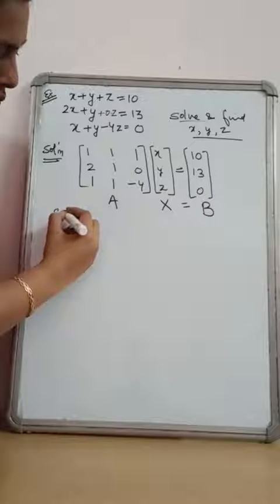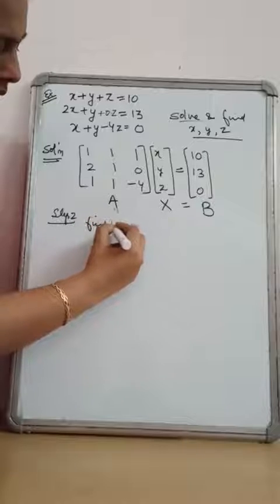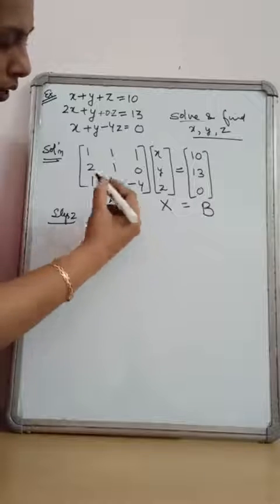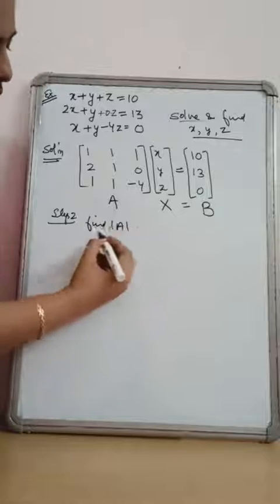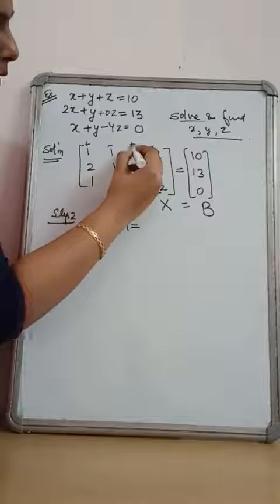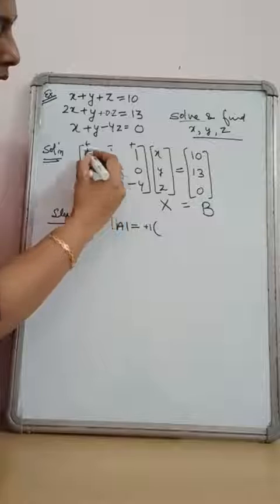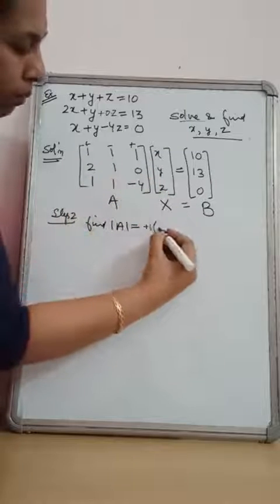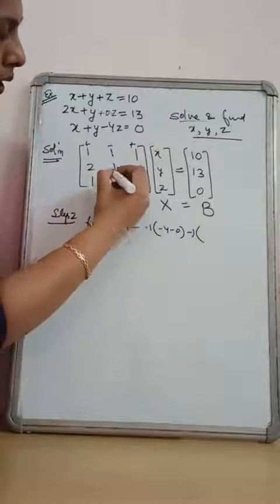Now your step 2. What was your step 2? Find determinant A. So you find it here. You know how to find the determinant? I told you in the first class. So your determinant A was, you will write plus, minus, plus. So you start with here, plus 1 and make a bracket, eliminate the row and column. It will be minus 4, minus 0, then minus 1. Again you eliminate it.